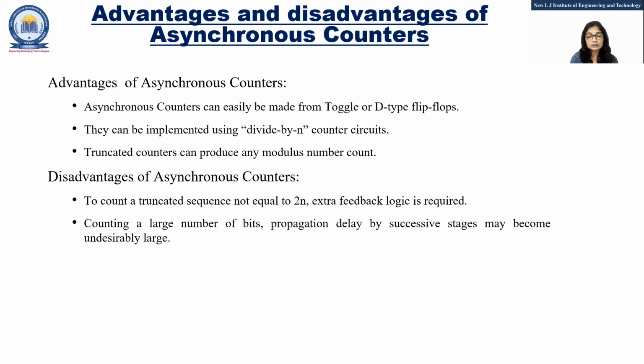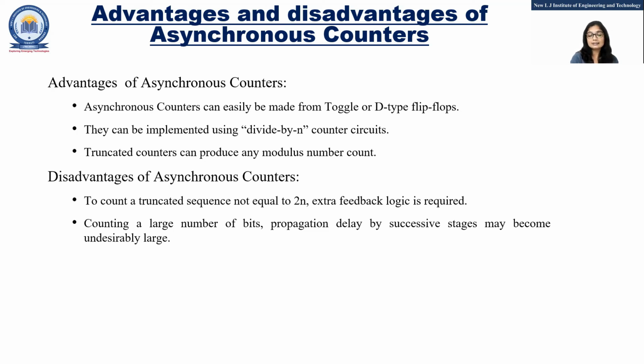So counting will start from 0, 0, 0, 0 up to 1, 1, 1, 1. But suppose I want counting only up to 10. I will design the asynchronous counter in such a way that I can get counting from 0 up to 10. This is a truncated counter, modulo or divide by n counter.